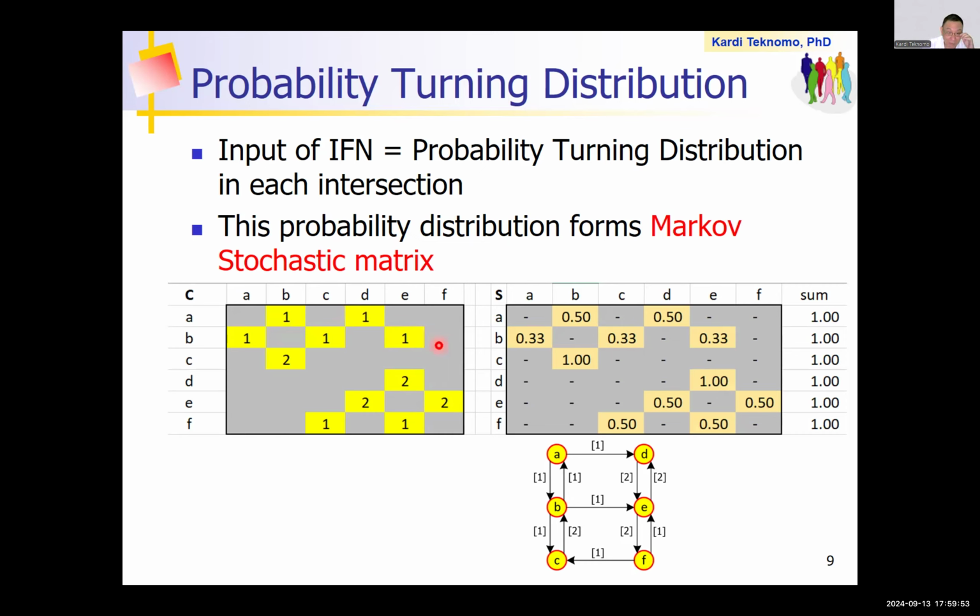So in that case, let's make an assumption. This is the weakness, but at the same time, this is also the strength. You assume that the probability of turning distribution in each intersection depends on the proportion of the capacity. So the wider the road, the larger the probability; the smaller the road, the smaller the probability.